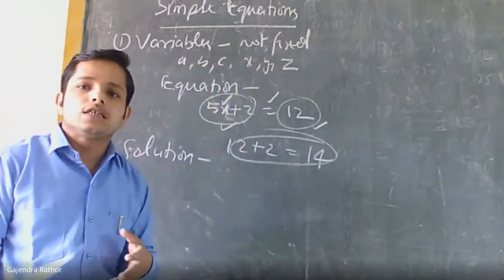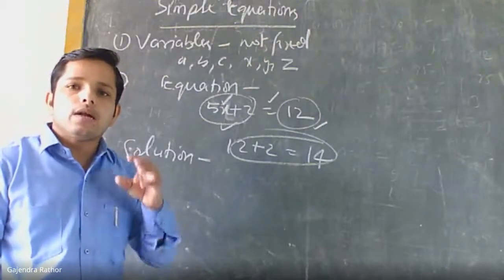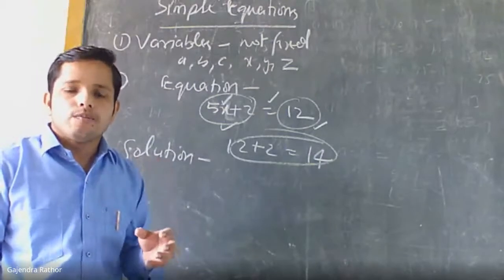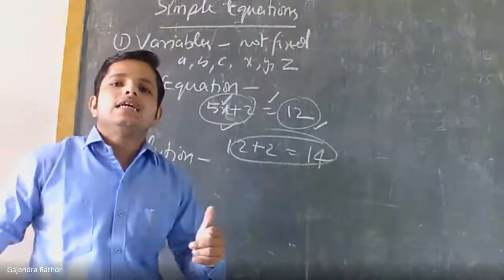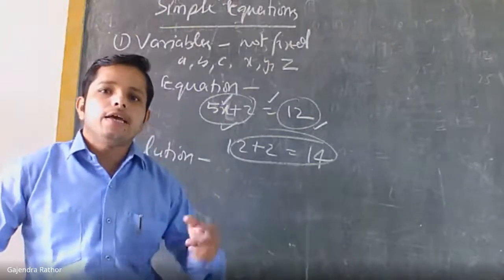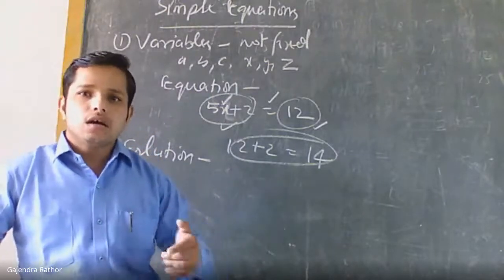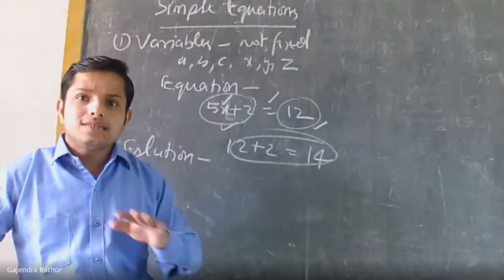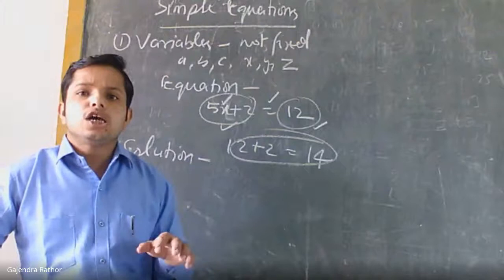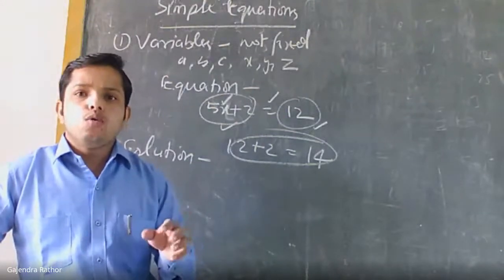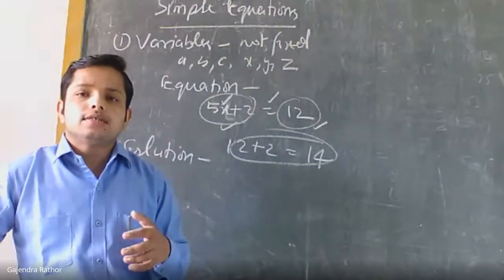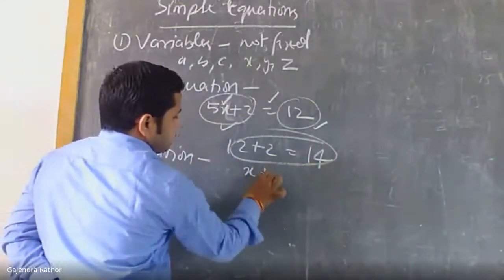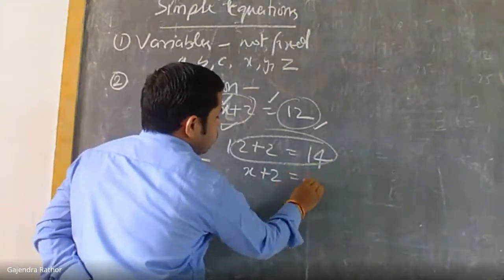That is satisfy. If equal, then it satisfies, and that value will be the answer or solution of that equation. If not satisfied, if not equal, then the value will not be the solution of that equation. One example: x plus 2 is equal to 5.